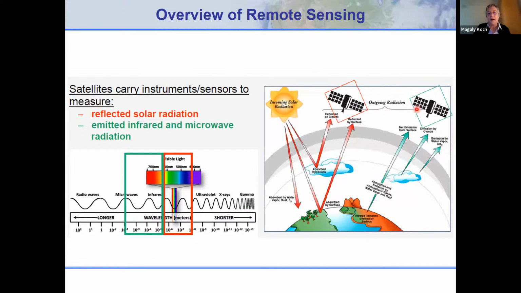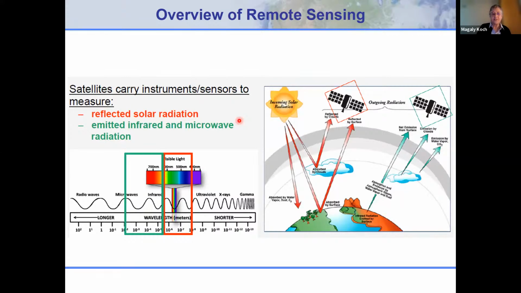And of course, some of the radiation is also coming from the atmosphere, here the clouds. So these are the two main sensor types, if you want.